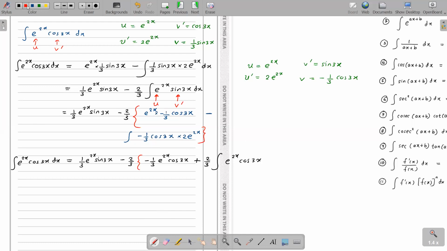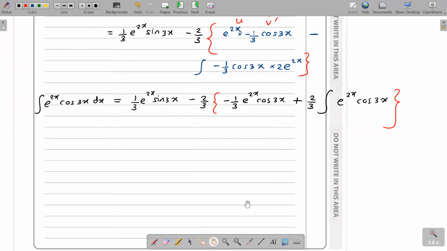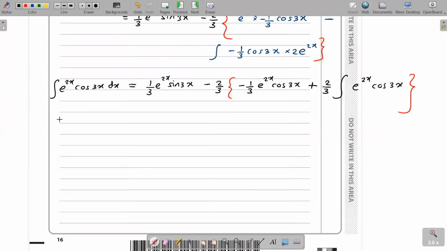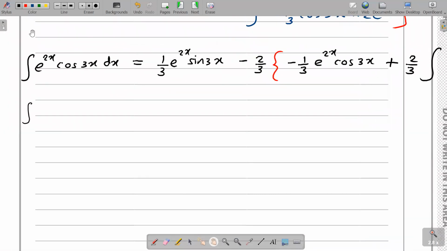You shouldn't write like this in these spaces, I'm just running out of space. I need to make the lines bigger. So let me make it bigger. I get here the integral of e to the power 2x cos 3x dx equals, can you all tell me what I get here? 1 over 3 e to the power 2x sine 3x minus, shall we open the bracket? Yeah, we'll open the bracket.